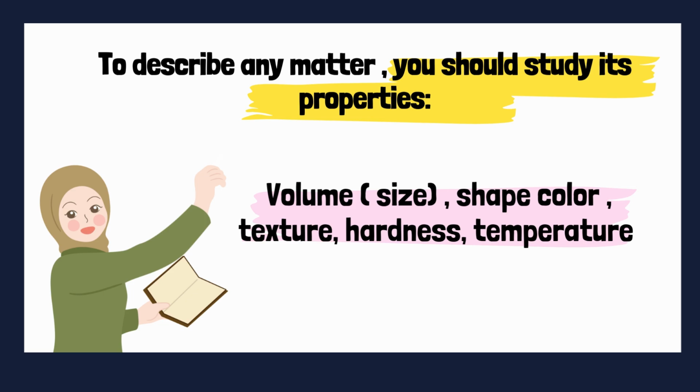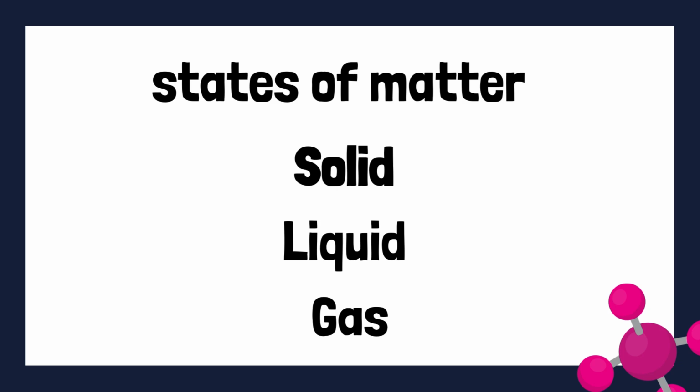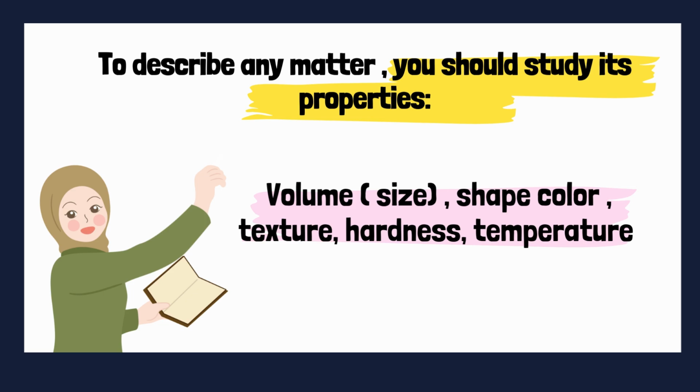So we now agreed that all things that have mass and volume are called matter, and it may be found in three states, either solid, liquid, or gas. And we can describe this matter by some properties like color, shape, size, temperature, texture. As we said, it is hard or soft, rough or smooth.